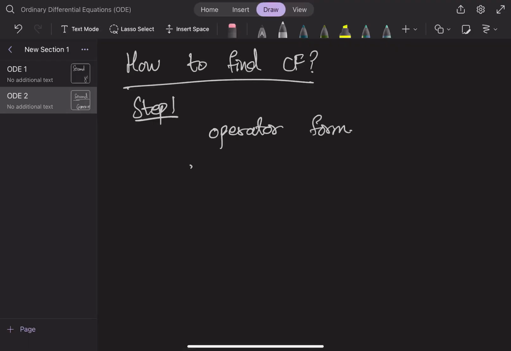So what we'll be doing is we'll be writing d by dx as D. So this is basically a notation. This is not equal to. We're just going to be denoting d by dx as D. So your d2y by dx2 becomes D square.